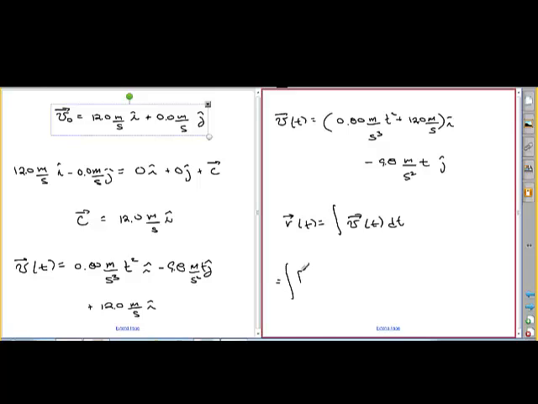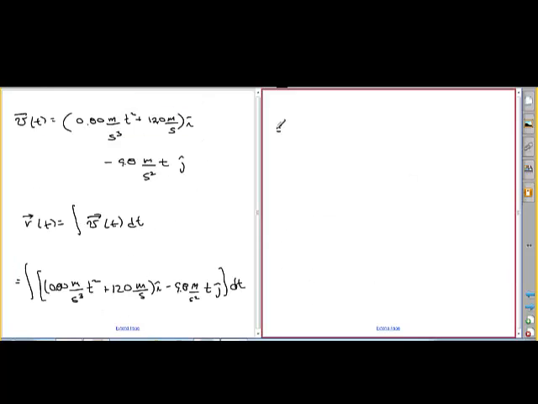So I take my velocity vector, which is 0.80 meters per second cubed t squared plus 12.0 meters per second times I minus 9.8 meters per second squared t times j hat, the whole thing times dt.